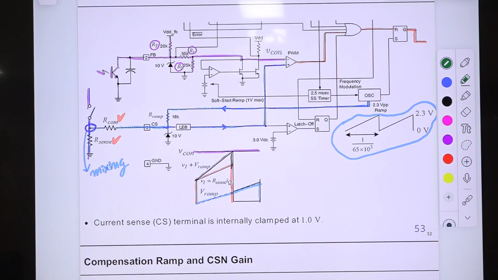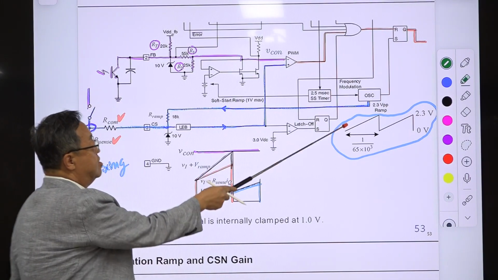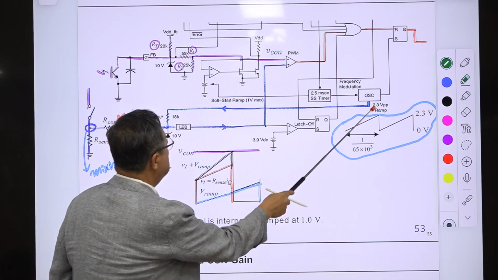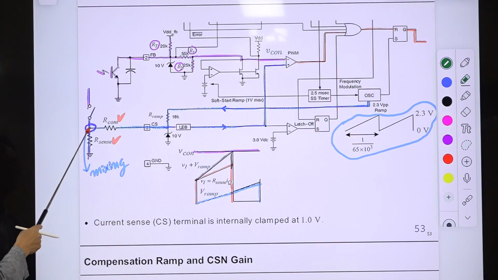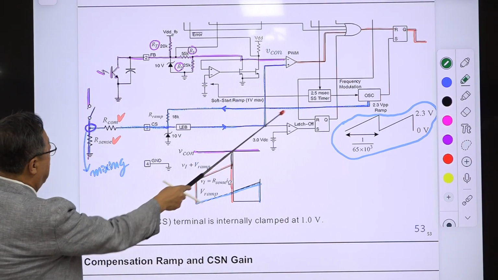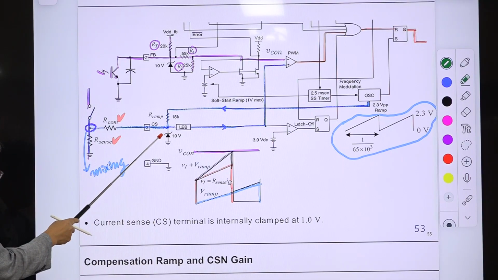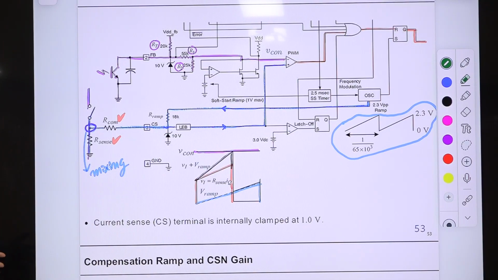I already explained this. Internally this ramp is generated like this, and the ramp is coming out in this direction, and this is the current sensing, the switch current is sensed here, and part of this ramp is coming here. So it is naturally mixed. I was thinking this is possible, think about the superposition principle. If there is no ramp, then there is this signal.